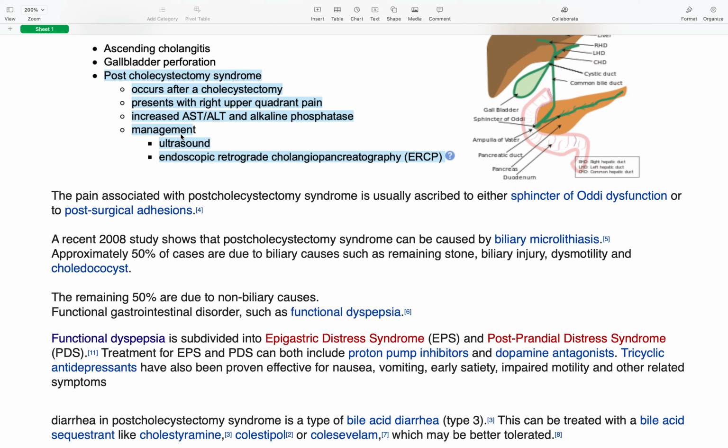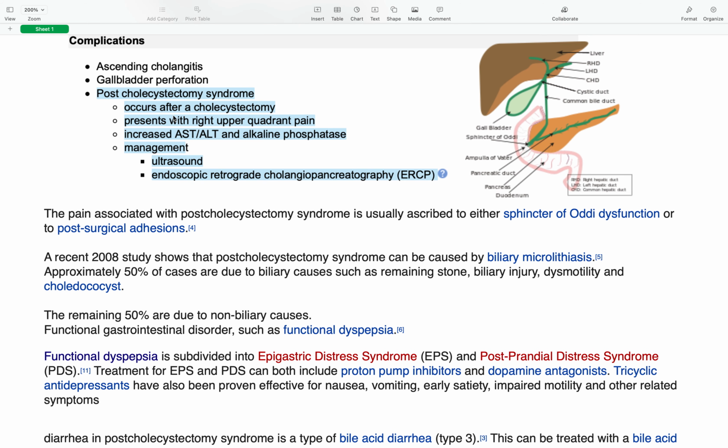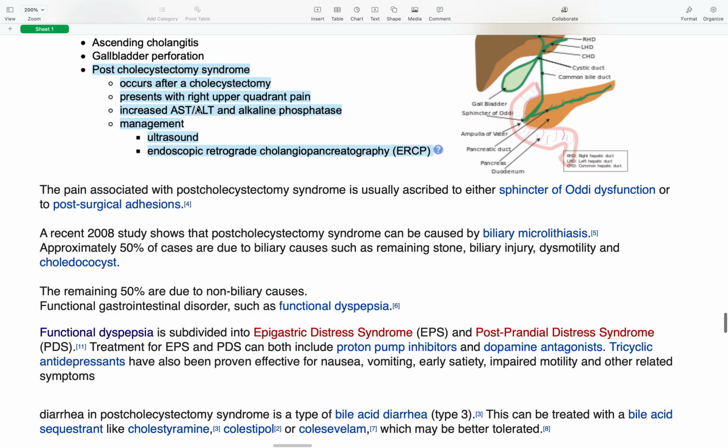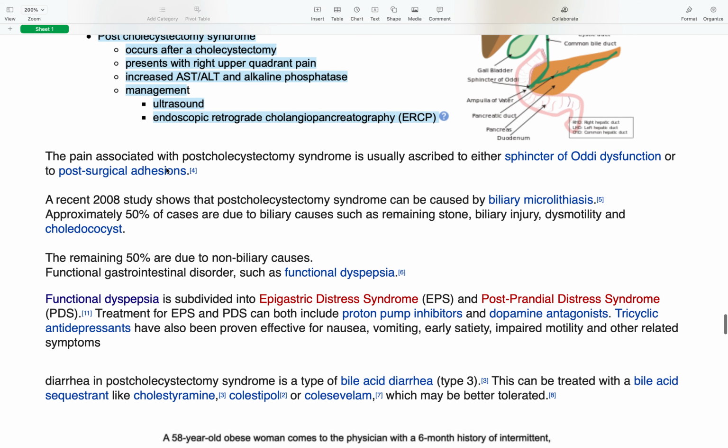Okay, so what you do then is an ultrasound and an ERCP. ERCP is both diagnostic and therapeutic, and if you find any stone lodged in the common bile duct, you can easily remove it. So this is why you do ERCP and ultrasound if you suspect post-cholecystectomy syndrome.